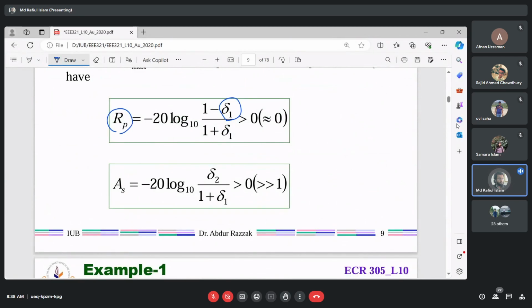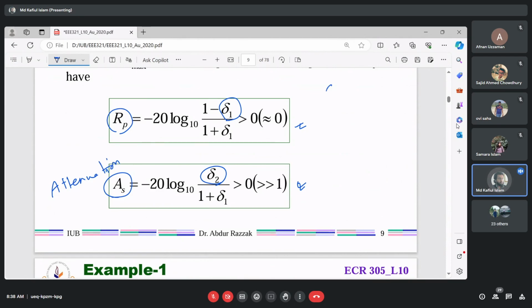R means ripple, P for pass band. And for δ2, the corresponding relative specification, according to these equations, is considered as As. A for attenuation, S for stop band. Okay.